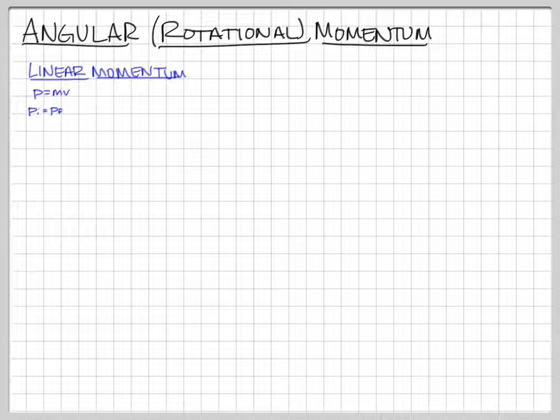So if two objects ran into each other, one object lost momentum, the other object gained momentum, and those exchanged momentum for the same amount. So that's our conservation of momentum. The initial momentum is equal to the final momentum.